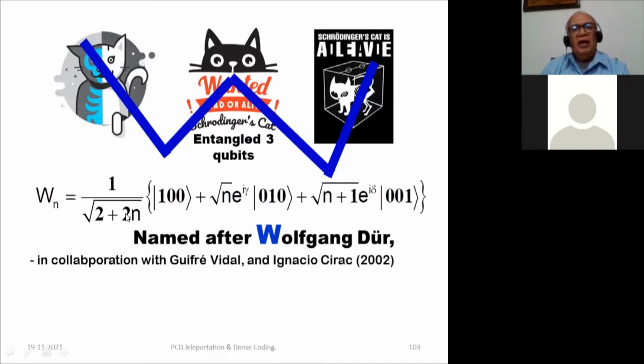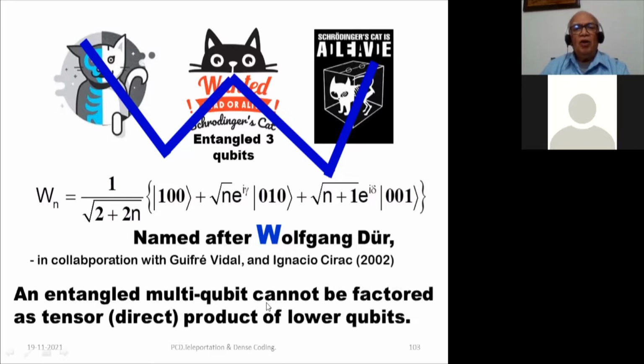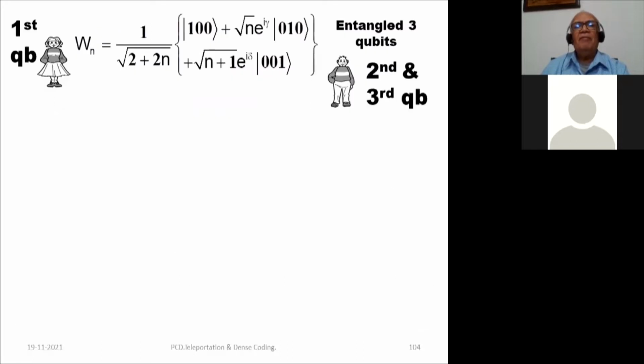So Wolfgang came up with an analysis of these entangled 3 qubit systems, and it cannot be factored into direct product vectors of lower qubits. So that is a property that the entangled W states have. And we have the first qubit with Alice, and the second and third qubit with Bob.